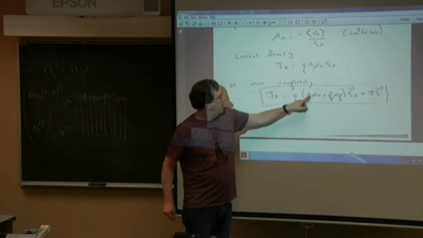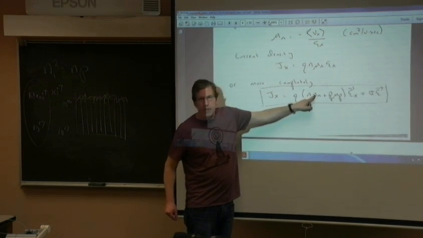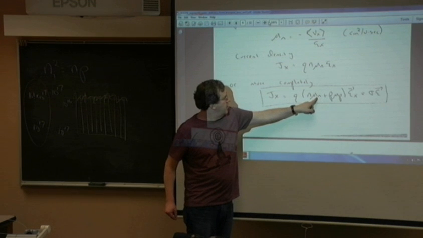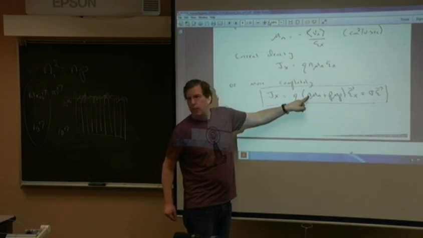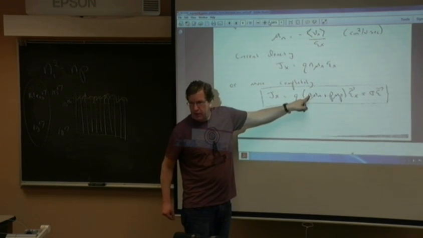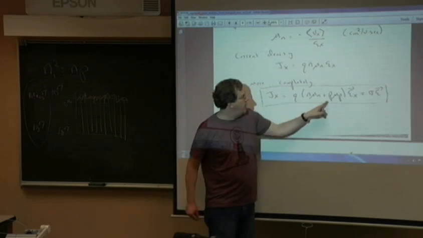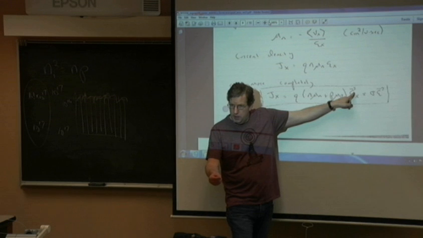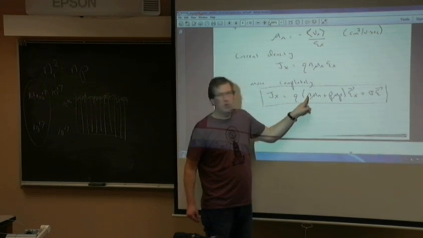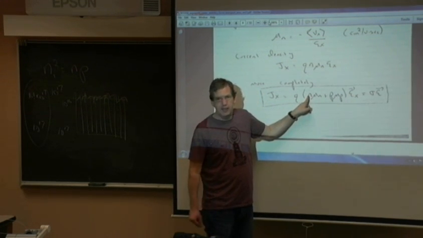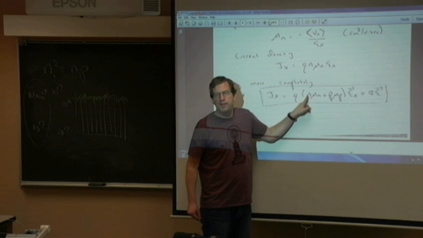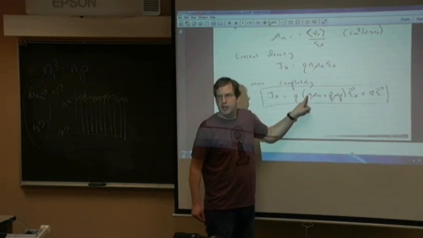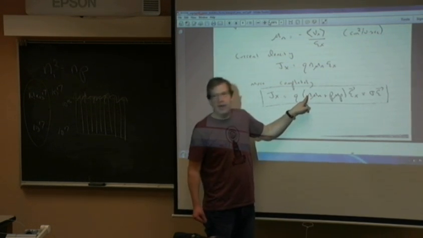So if I multiply by the number of carriers, and I multiply by electric field, which is volts per centimeter, then since mobility is centimeters squared per volt second, I've got centimeters per second, right? Which is a velocity.